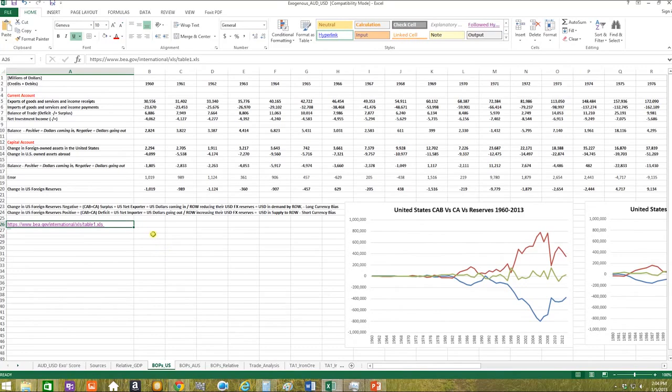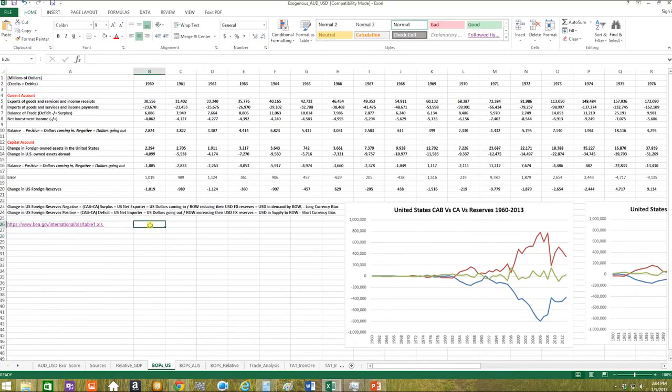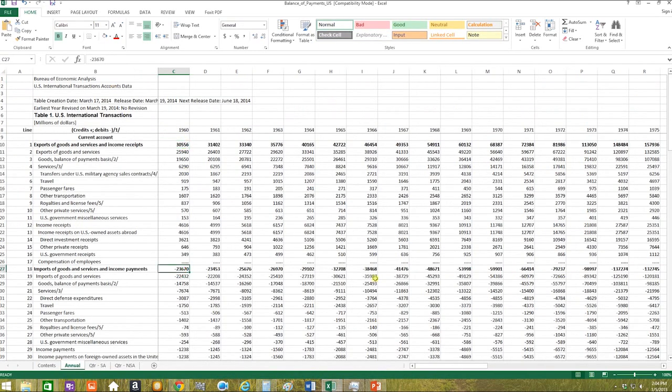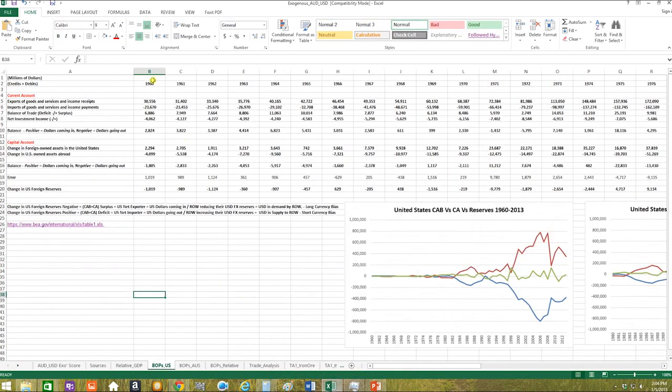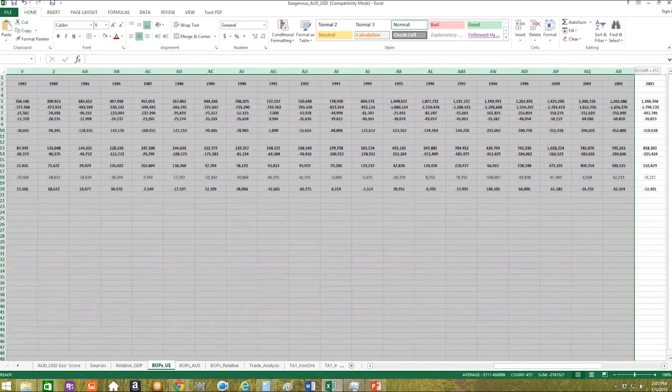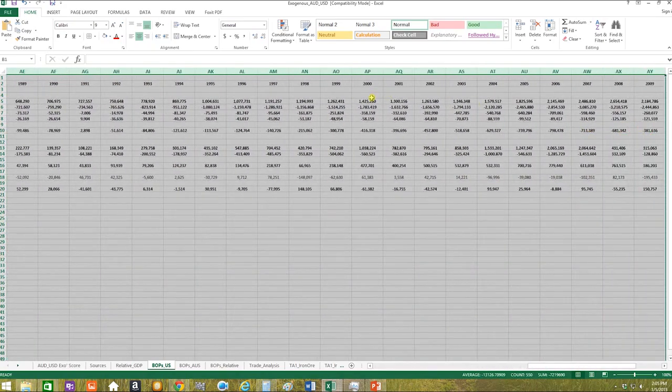If we go back over to the exogenous analysis sheet, you can see when we're looking at 1960, the exports and imports number is coming from the US trade data from the BEA. And all of these numbers are accurate from the original spreadsheet.